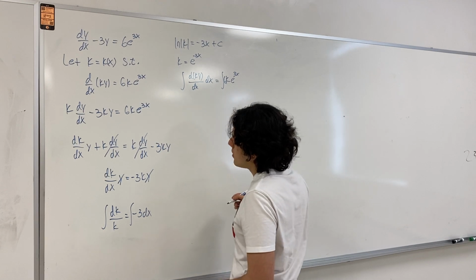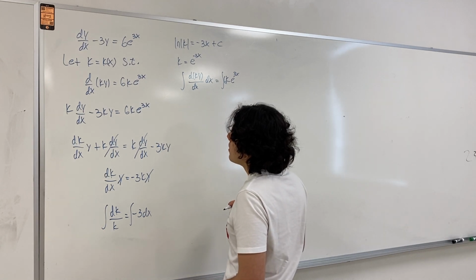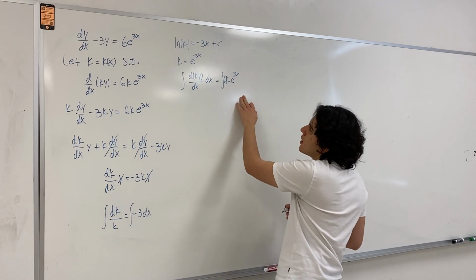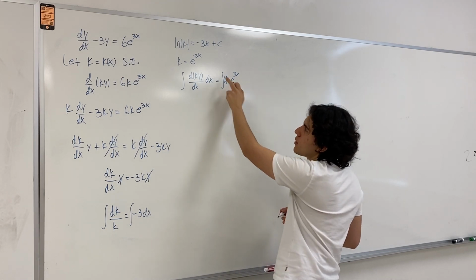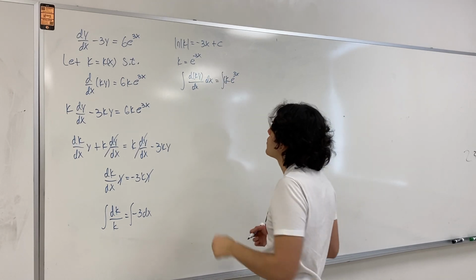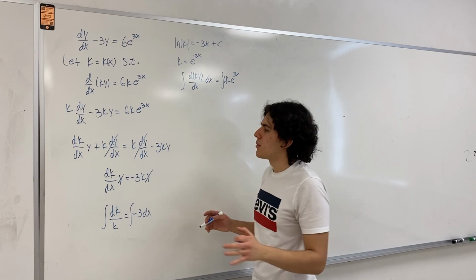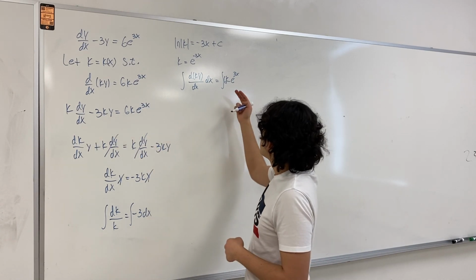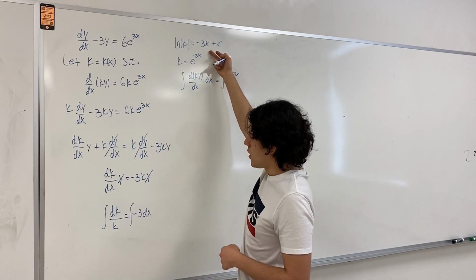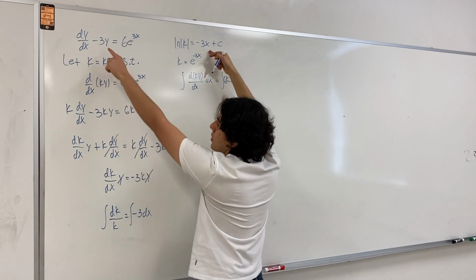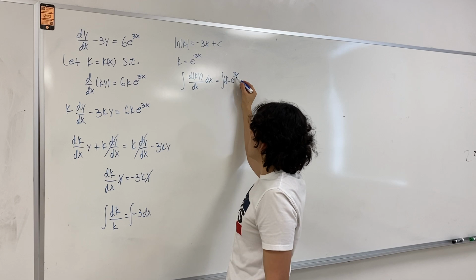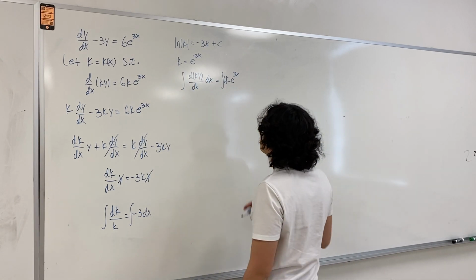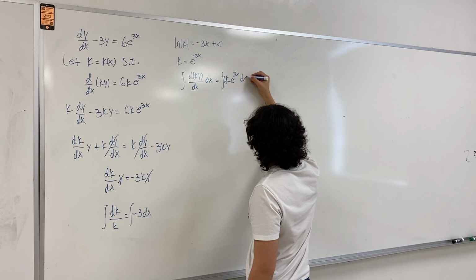Oh, did I miss k here? Oh no, we're good. I was saying, we have e to the 3x here, but our integrating factor is e to the negative 3x, so I got scared that maybe I missed a negative somewhere, but no. This negative comes from this minus 3y, and this positive 3 comes from this one up here, so we're good. And we integrate this with respect to x.